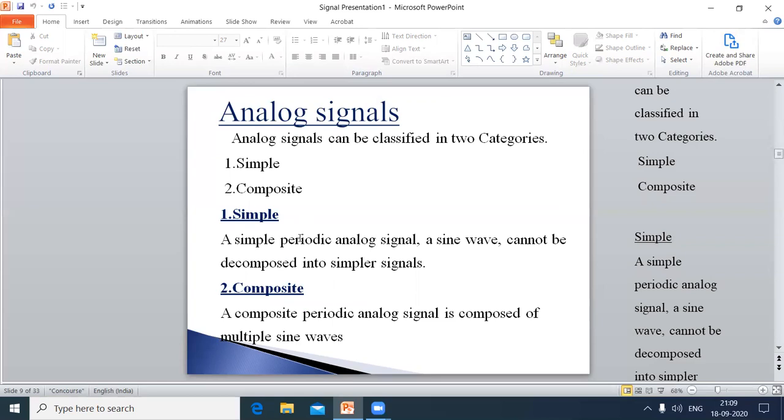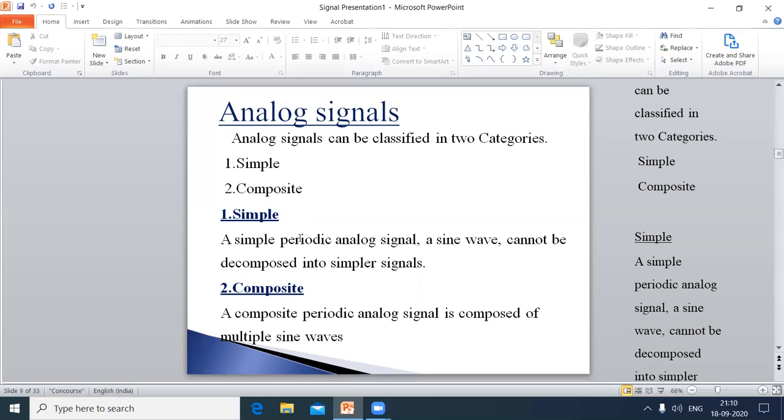It changes over the course of a cycle. It is smooth and consistent. A simple periodic analog signal, a sine wave, cannot be decomposed into simpler signals.